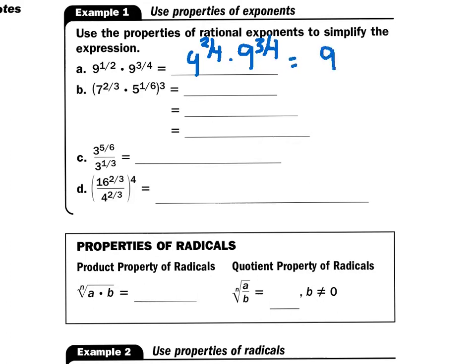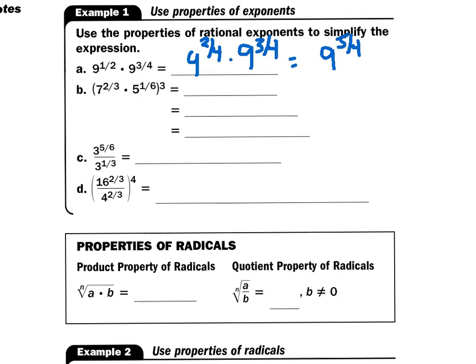That would be 9 to the 5/4. And we would leave that there. Okay, because we can't take a 4th root of 9 because there's nothing times itself 4 times that equals 9, so we can't simplify that one down any further.